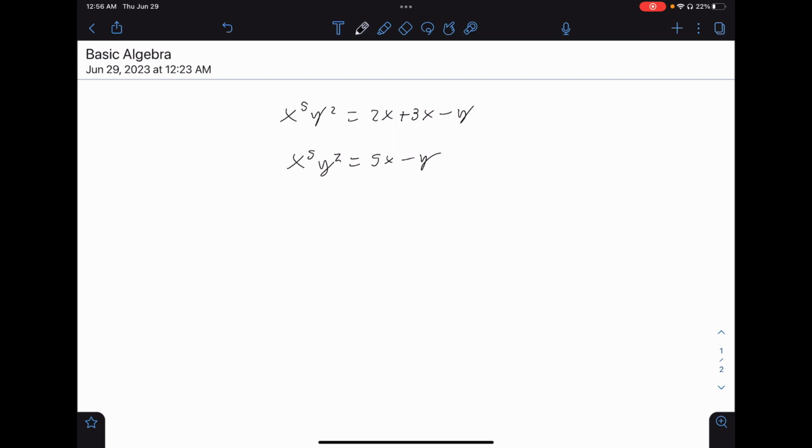So how would we get that on the other side? Well, what if I divided by y squared here? Well, these would cancel, right? So what you do to one side, you must do to the other side. So I'm going to divide by y squared on the left side, so I'm also dividing by y squared on the right side. These cancel, and now we have x to the fifth all alone, just like we wanted.